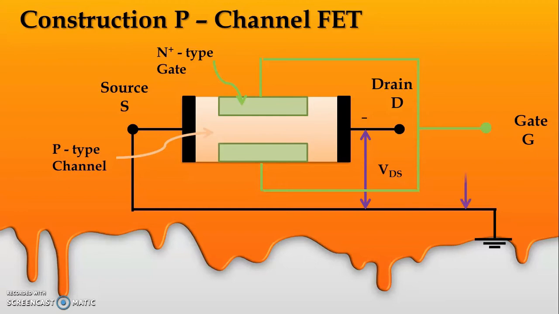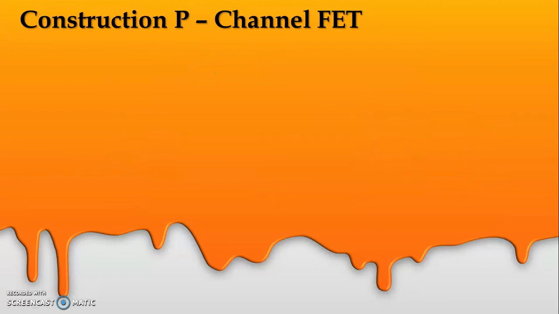In the same way, we apply voltage VGS across gate and source. We have to reverse bias the gate, and the gate is N-type semiconductor material, so we apply positive polarity voltage to the gate for reverse biasing.